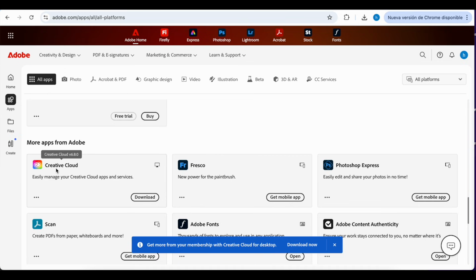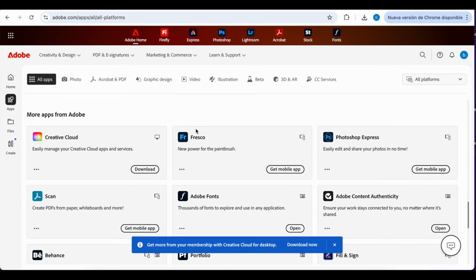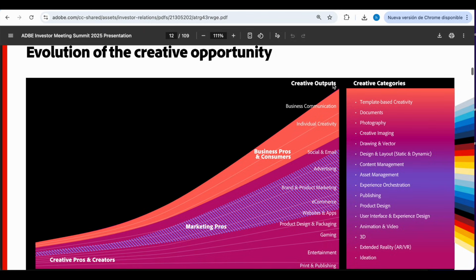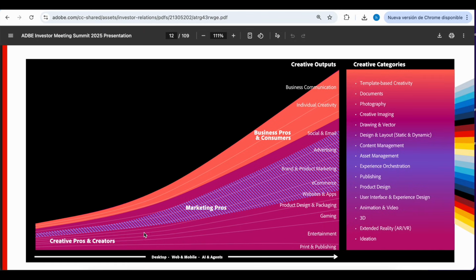But you can just buy the apps individually. So who is the customer of Adobe? According to their data, 70% of their customers are professionals, and 90% of their revenue comes from professionals. And what I mean by professionals is people who are working in a company. For example, the workers of Coca-Cola, Nike, or even a small marketing firm. It is a software for professionals.